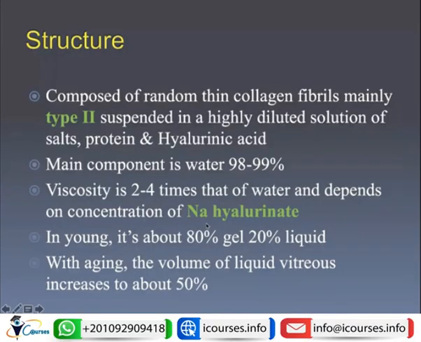Does the vitreous viscosity change over time? The answer is yes, because the vitreous is usually more toward the gel type in young age. It is more like a jelly-like structure, about 80% gel and 20% liquid, while with aging the vitreous undergoes liquefaction. As we get older, the vitreous becomes more liquid, about 50% liquid.